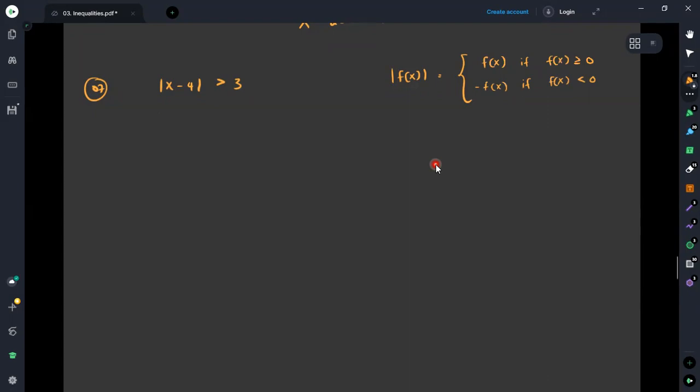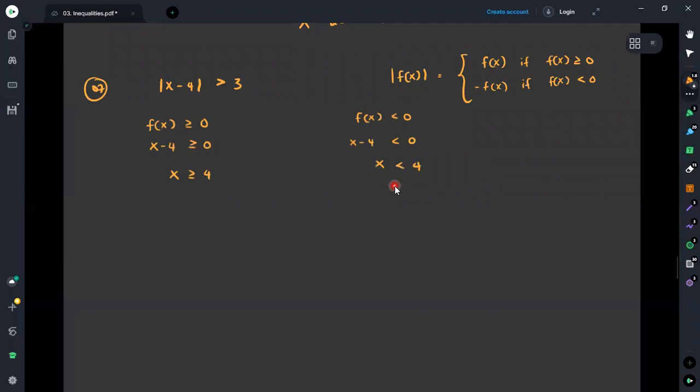If we let f(x) equal x minus 4, we consider f(x) greater than or equal to 0 and f(x) less than 0. If f(x) is greater than or equal to 0, then x minus 4 is greater than or equal to 0, so x is greater than or equal to 4. For the next part, f(x) less than 0 gives x minus 4 less than 0, so x is less than 4.